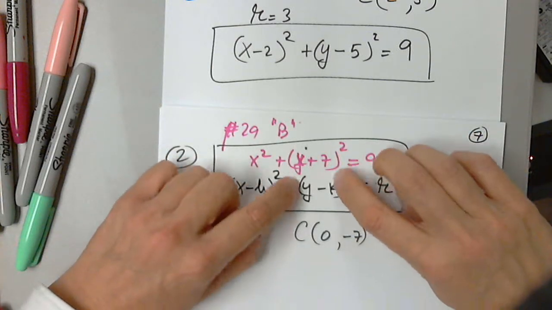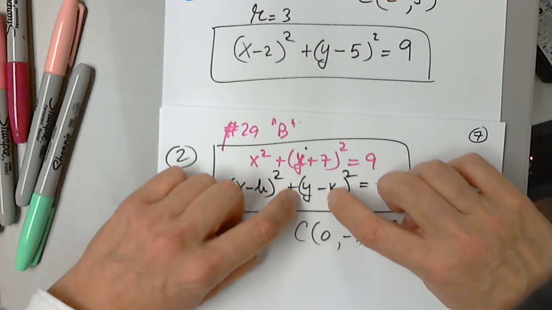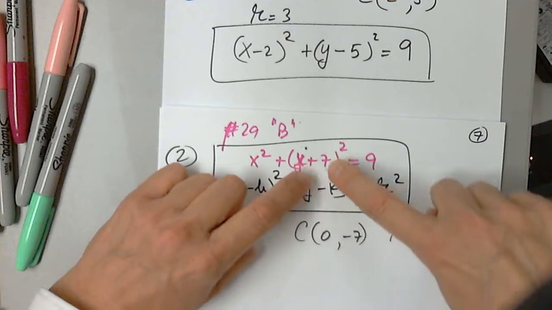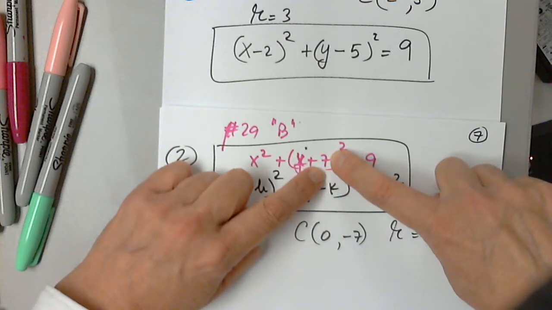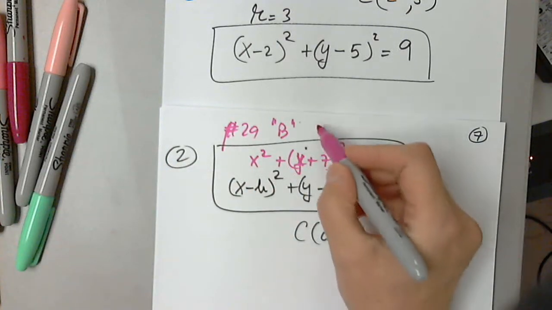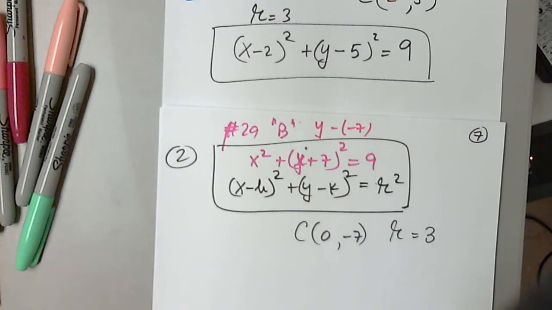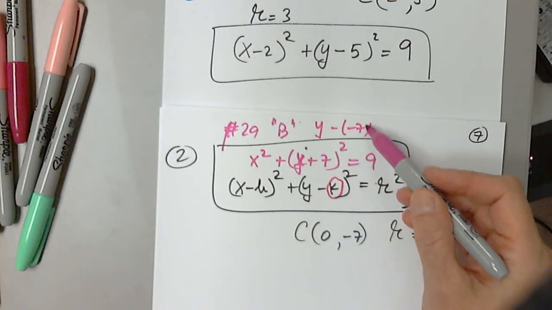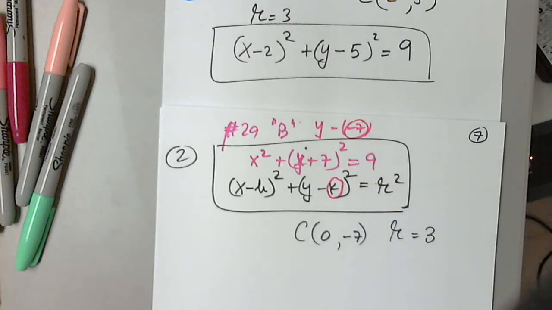Now, we are comparing these two, but there must be a minus. In the formula, there is a minus, which makes this a -7, which makes y minus -7. Therefore, k is -7. Is this clear for everyone? Yes? Okay.